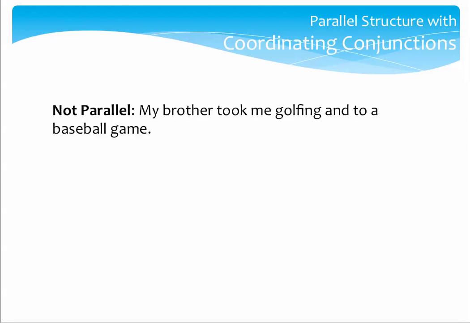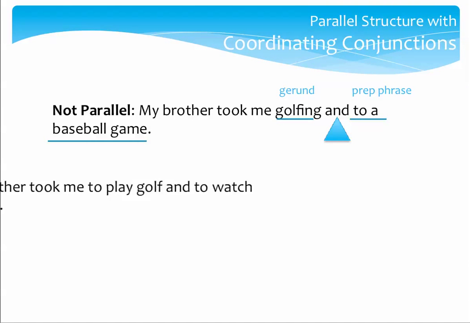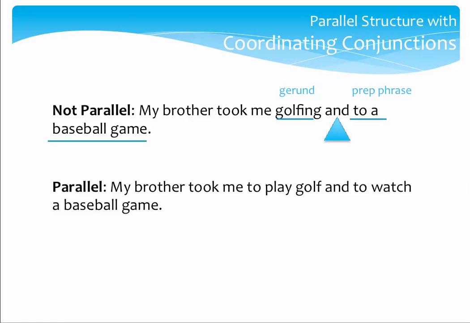So again, we want to first look for the conjunction. Then we want to find the elements that are balancing on that conjunction. Golfing to a baseball game. Again, looking at this, you should be able to tell they're not the same. Golfing is a gerund. To a baseball game is a prepositional phrase. So one way to bring them into parallel structure is to pick one of those forms and make both of them match that form.